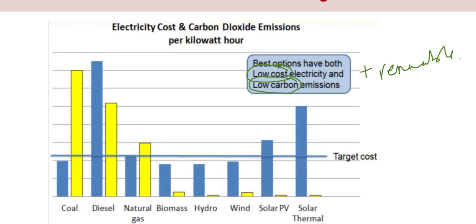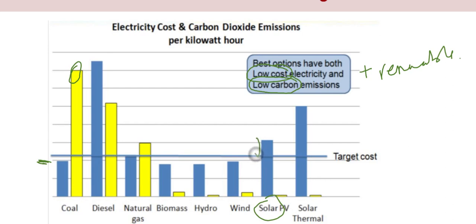And you can see there's a target cost here. Our costs are in blue, and you can see the cost for coal is a good target cost. It's reasonable, but unfortunately the carbon dioxide emissions are really high. If you look at something like solar, it's quite expensive.